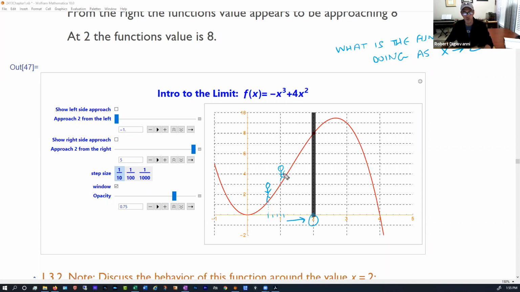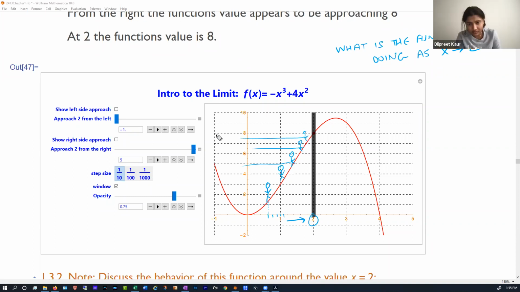What is the function doing? What are the y values doing? What do they look like they're getting closer to? They're increasing, so they're getting closer to 10. Well, I don't know. This graph doesn't seem to get up to 10, does it?